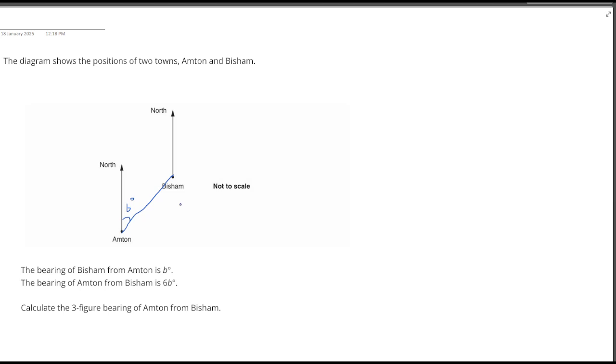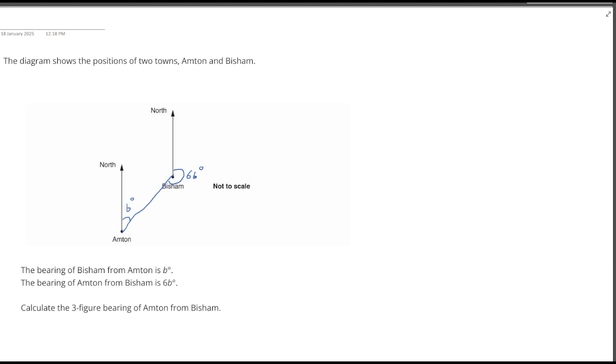And the bearing of Empton from Bisham, this angle is given as 6B degrees. Calculate the three figure bearing of Empton from Bisham.